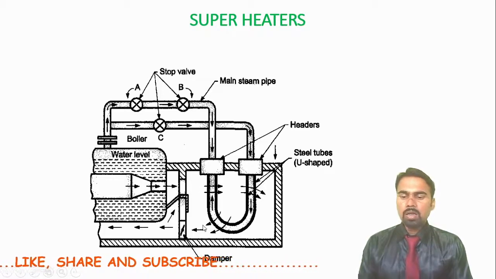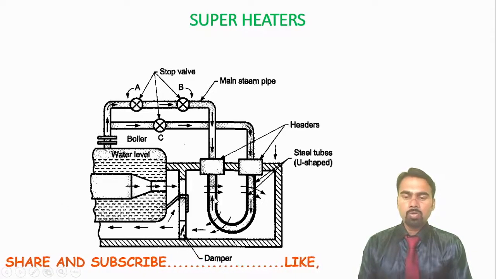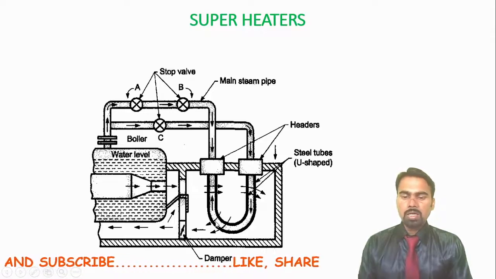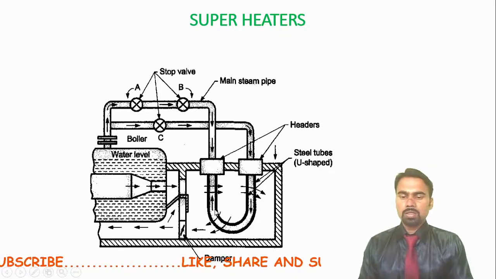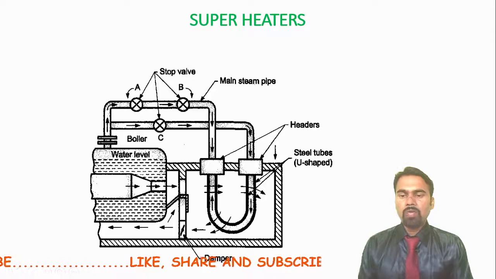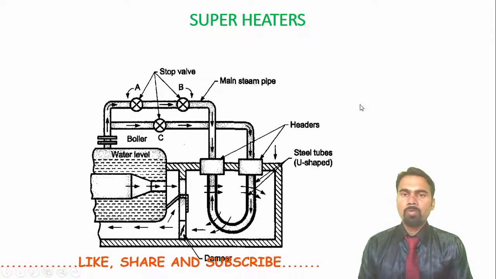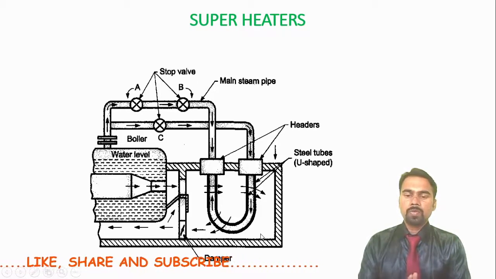We generally release these flue gases into the atmosphere, but if we keep this superheater in the path of flue gases, the waste heat is recovered by the steam, and it becomes superheated steam, and we can utilize that superheated steam for power generation. So the function of the superheater is to superheat the steam.